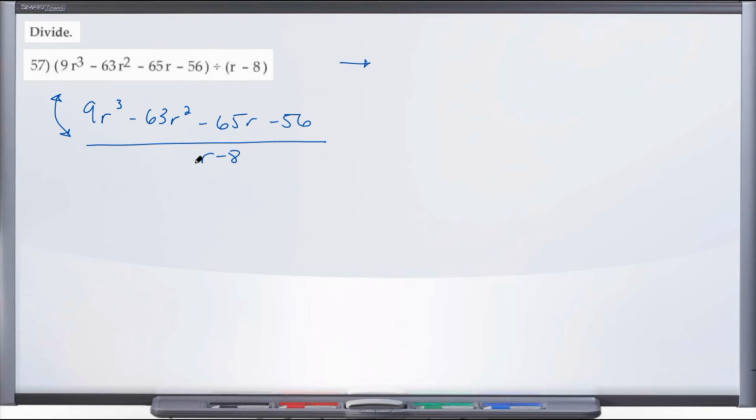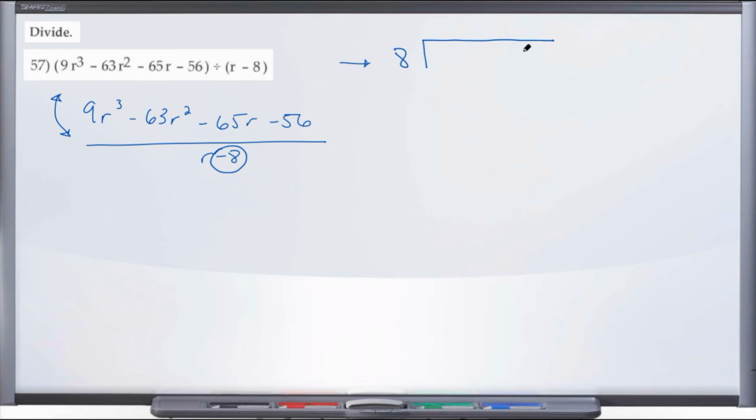We can use synthetic division because the coefficient in front of our variable, r in this case, is 1. And so, since we're using synthetic division, we're going to take the opposite of what our term here in the denominator is. So we're given a -8, so we're going to use a +8. Draw our house.